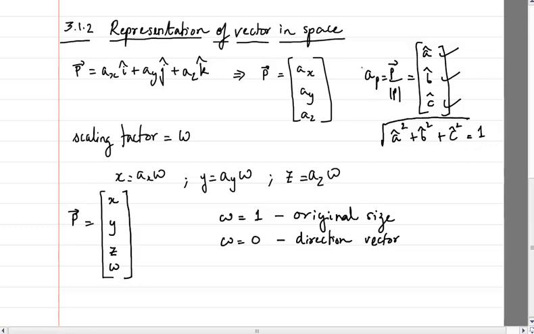That is the unit vector of p. So when w is equal to 0, we will have the values of x, y, z in this unit vector form, where the sum of the squares of the individual terms is always equal to 1.